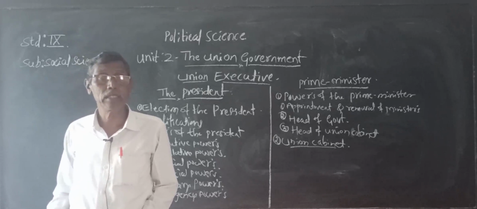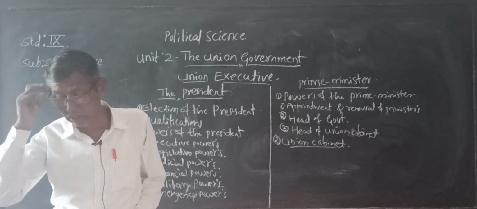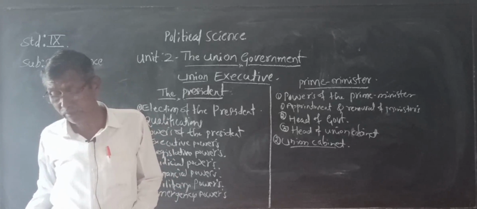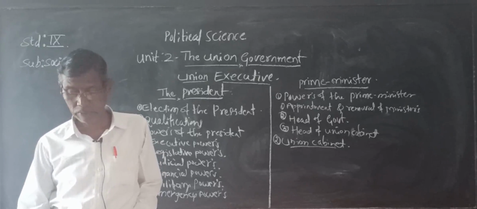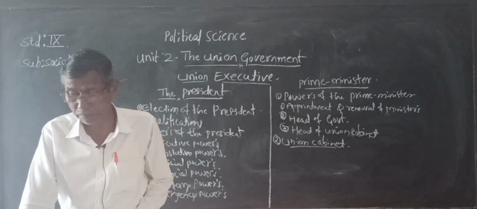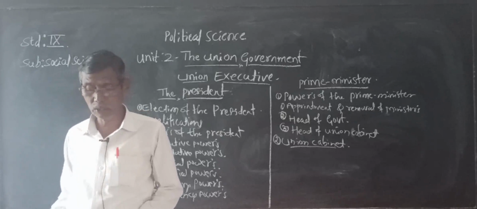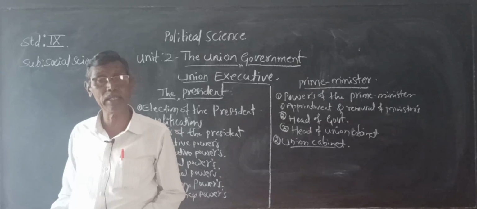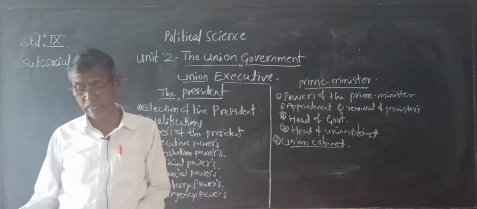He appoints the chairman and members of the Election Commission, and the commander-in-chief of the 3 armed forces, and ambassadors to different countries are also appointed by the president. These are the executive powers of the president.